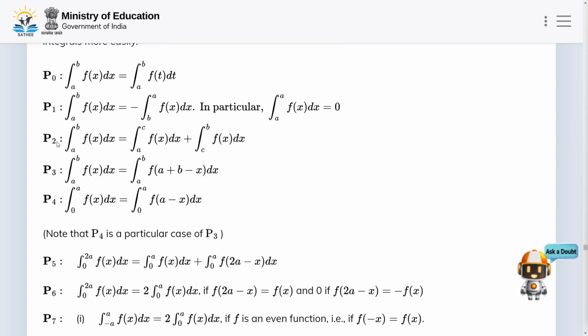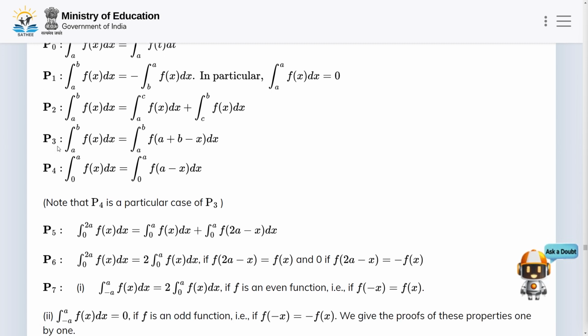Now P2: the definite integral a to b can be rewritten as the definite integral a to c of f(x) dx plus the definite integral c to b, where c belongs to this interval, somewhere in between a and b.